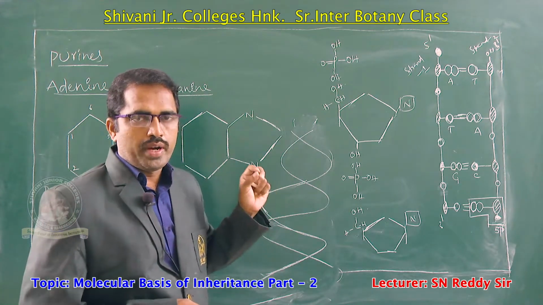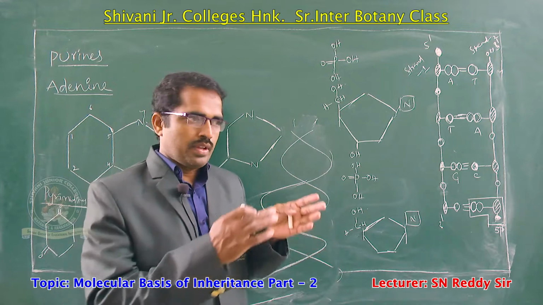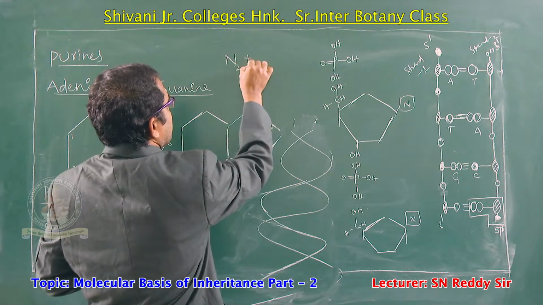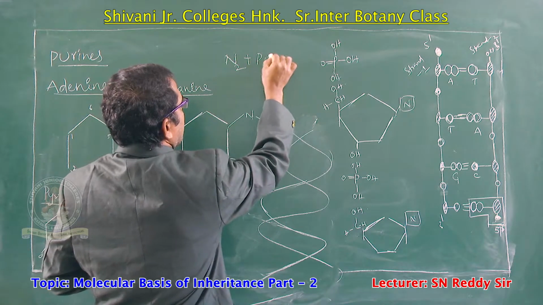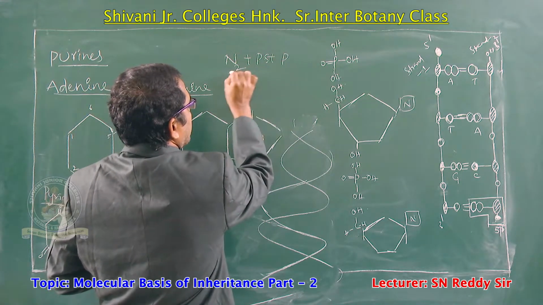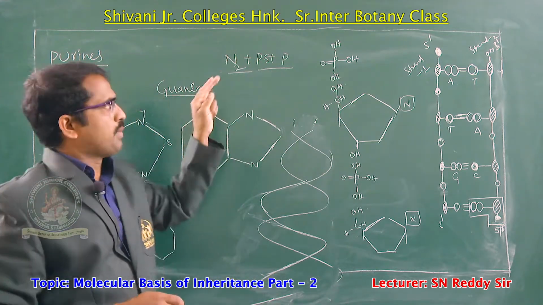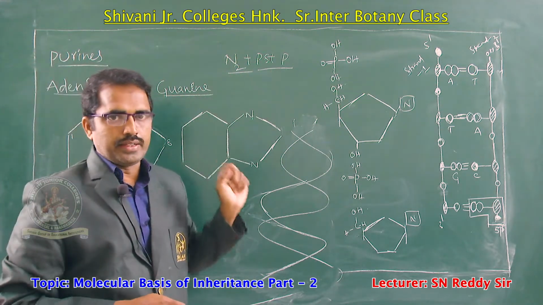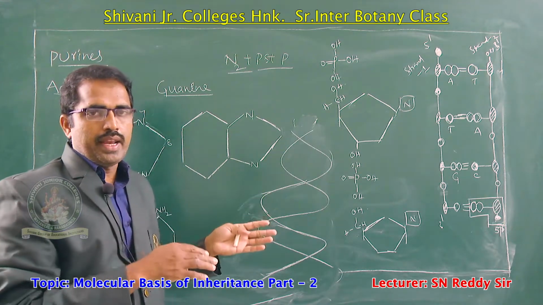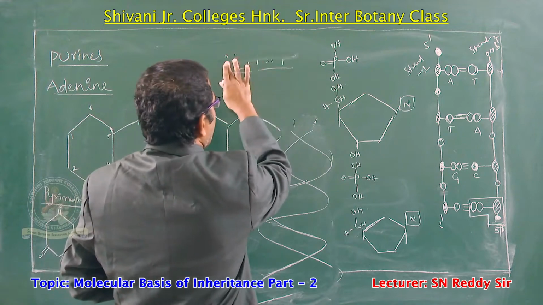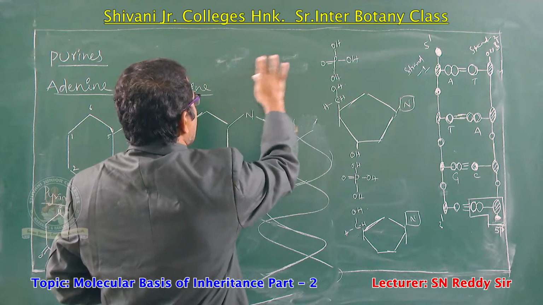So nucleotides means there is a nitrogen base, a pentose sugar, and a phosphate. Nitrogen base, pentose sugar, phosphate, simply we call a nucleotide. So either DNA or RNA is a long polymer of nucleotides.